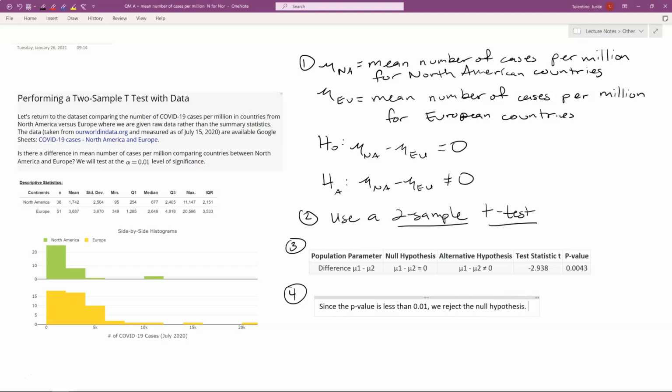So what does this mean we have evidence of? We have evidence that the alternative is true, that the two means are not equal. Specifically, that they are significantly different from each other.